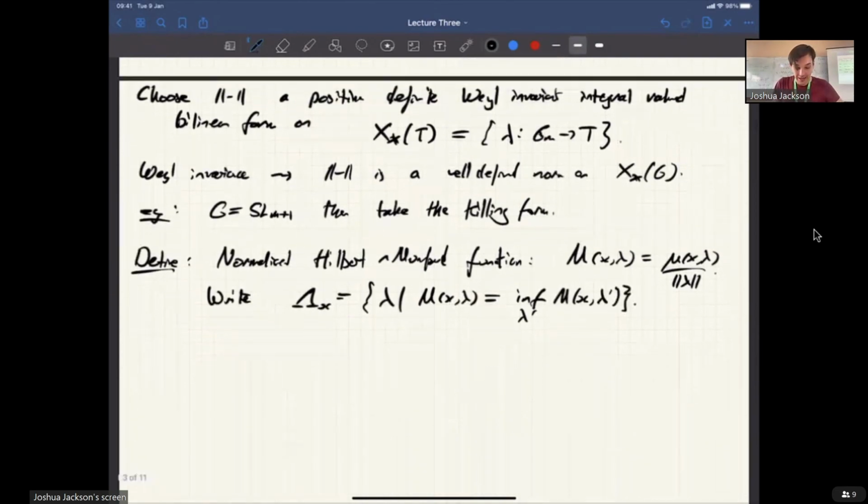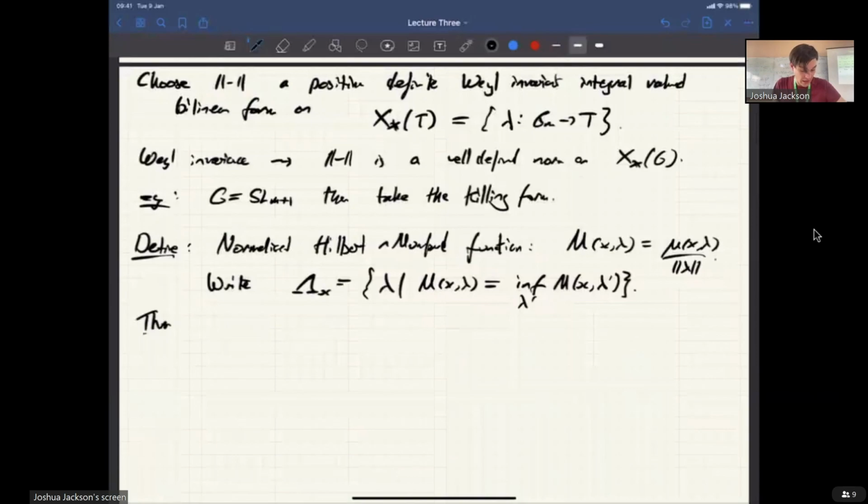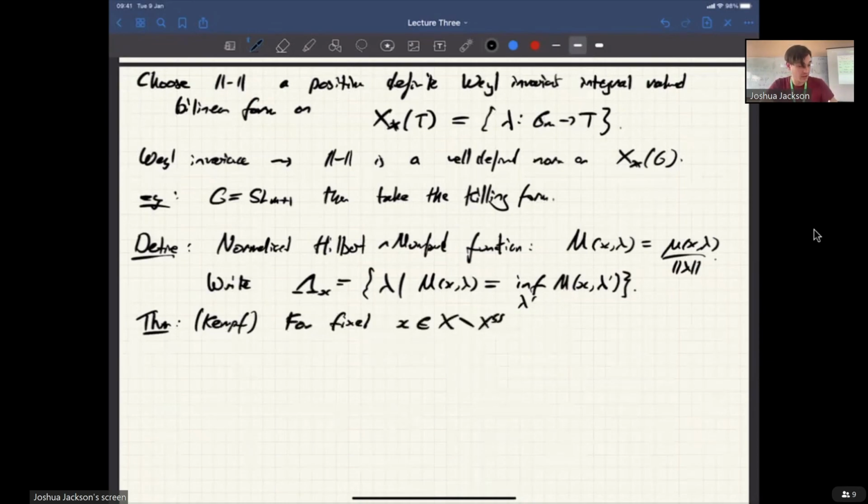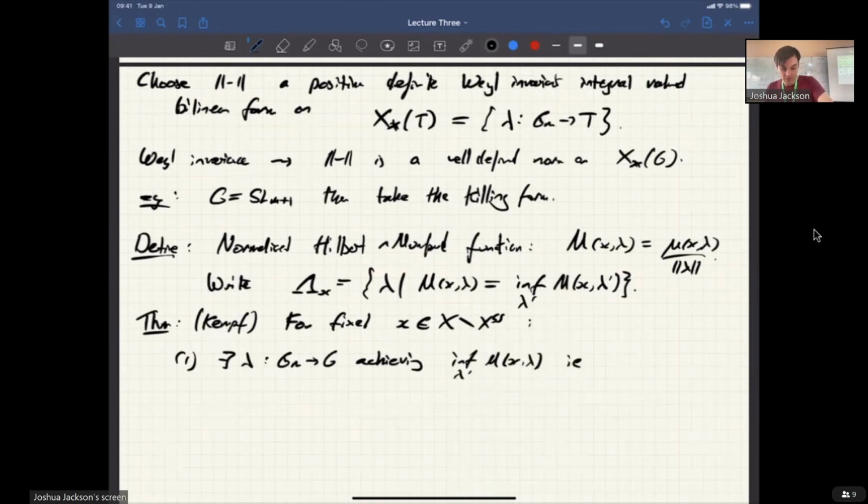In fact, it is. There's this theorem of Kempf. One of the K's in HKKN is for Kempf, and it says the following. For a fixed unstable point x, first of all, there exists a lambda achieving this infimum, i.e. this capital lambda x is non-empty.